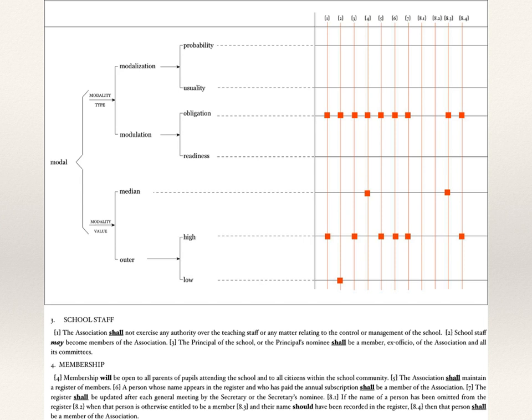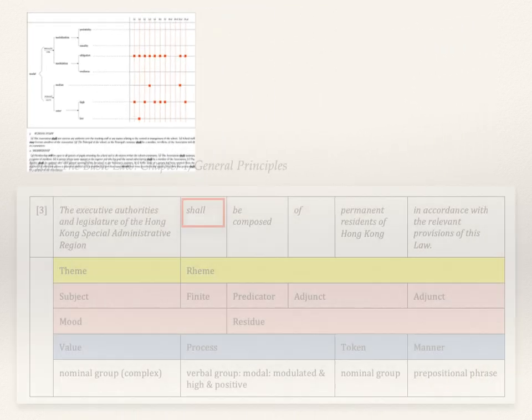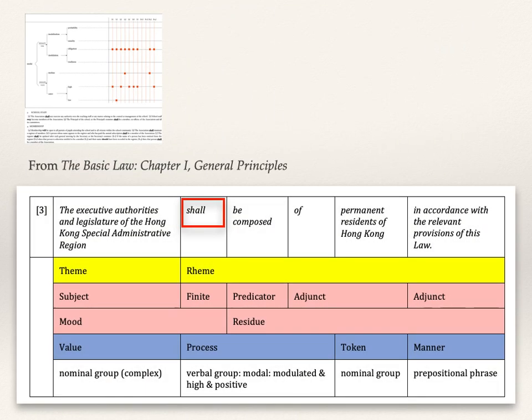One is low, permission, may, and a couple median with should. So one could actually study this as the text unfolds, looking at the successive selections in the system of modality. So when we analyze these clauses, as I said before, we see that interpersonally speaking, the operator that serves as finite is precisely the modal operator shall. Here with the passive, shall be composed of.